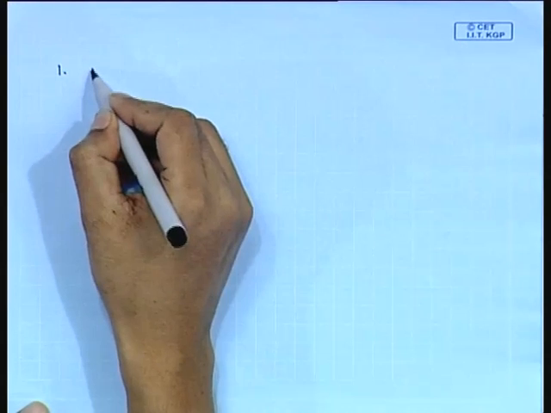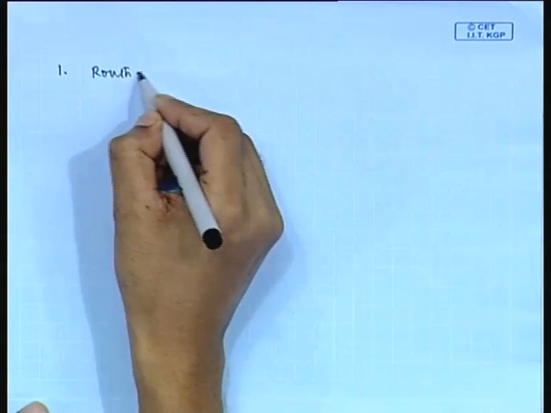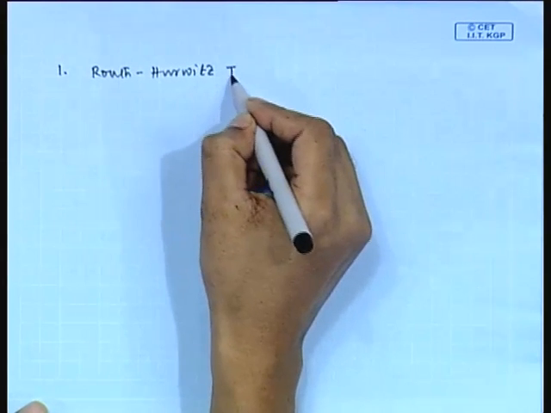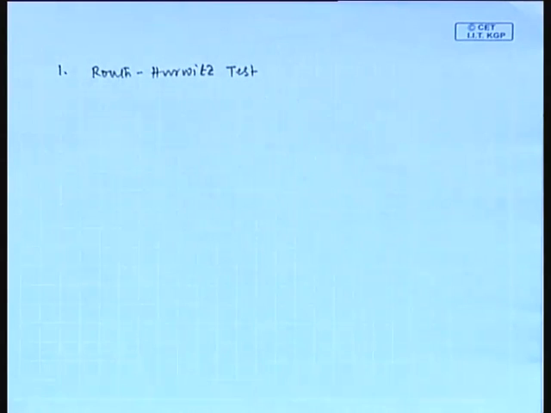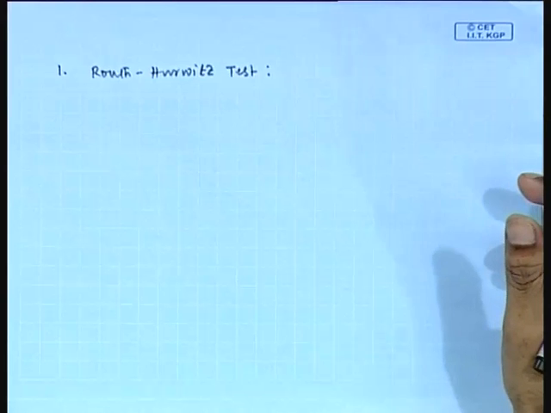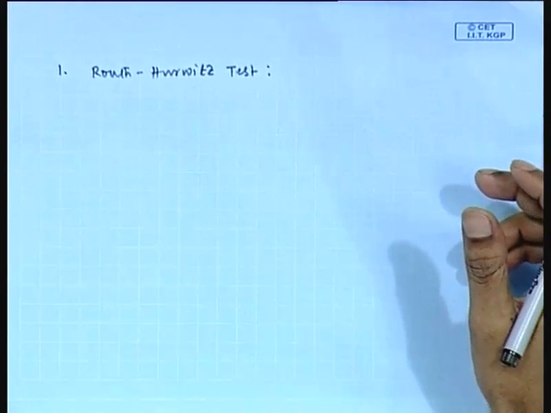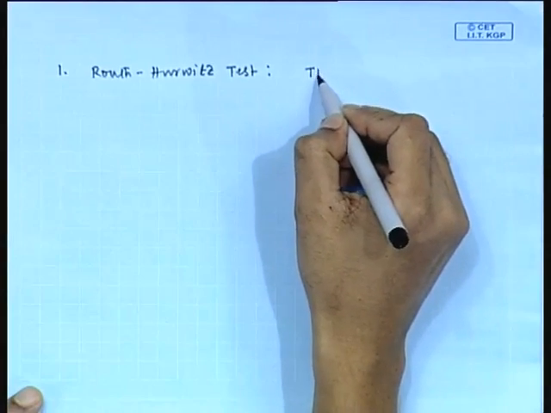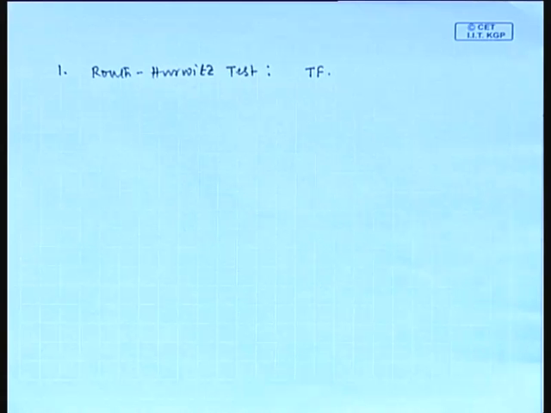First, we discussed the Routh-Hurwitz test. In this test, we need the process model in the form of transfer function.